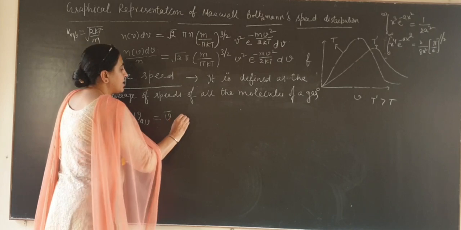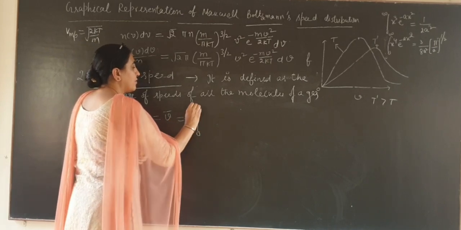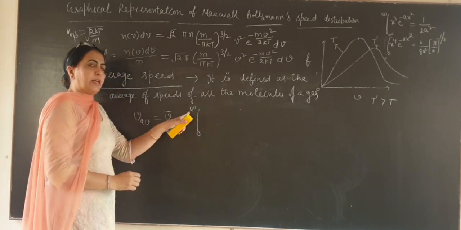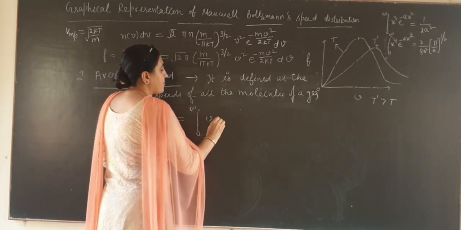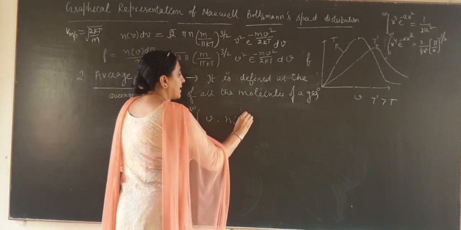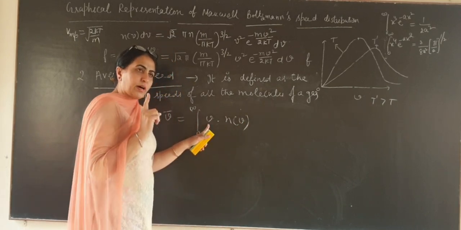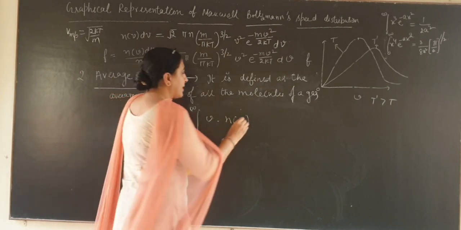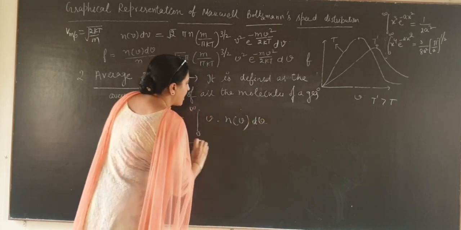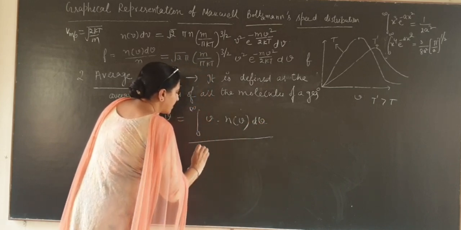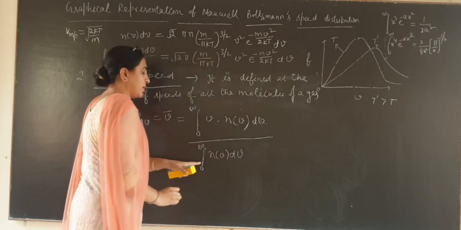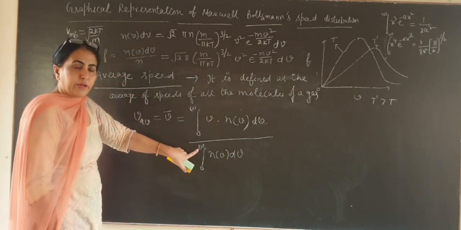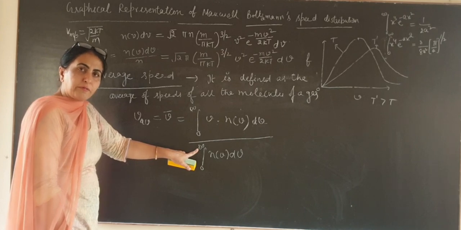This is equal to integral from 0 to infinity, because we take maximum value of velocity as infinity, of V, the velocity of one particle, into number of particles, divided by total number of particles, between the limits: n(v) dv, between 0 and infinity.